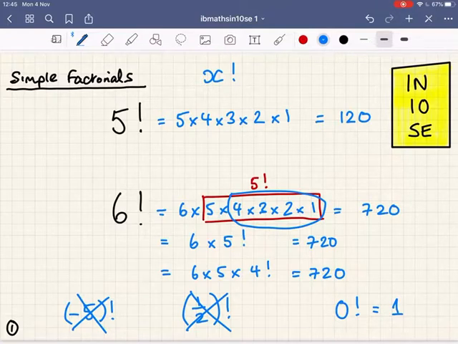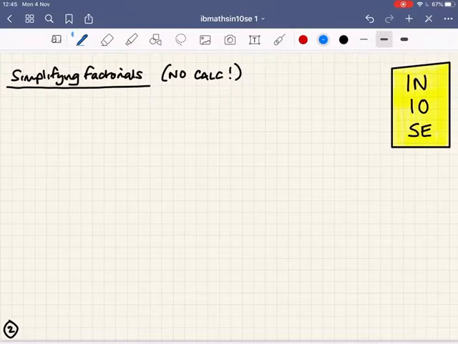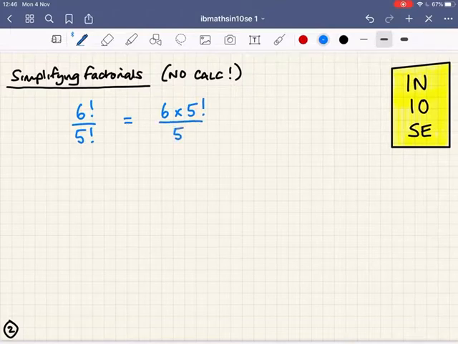So let's try and work with what we've just learnt. We now can potentially simplify factorials without using a calculator. So on your non-calculator paper, if you were to be given 6 factorial divided by 5 factorial, for example, we should be able to simplify that now, because we know that 6 factorial is actually 6 times 5 factorial, and 5 factorial on the bottom.